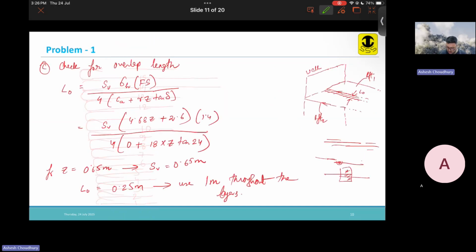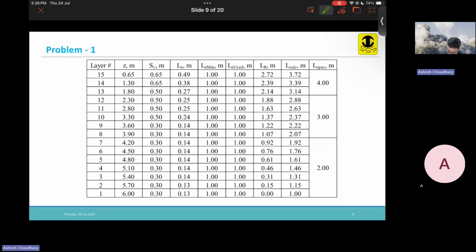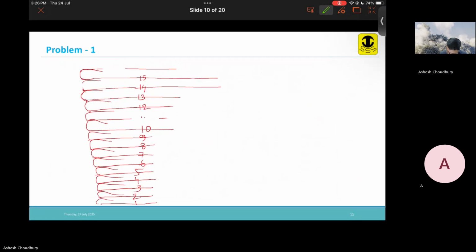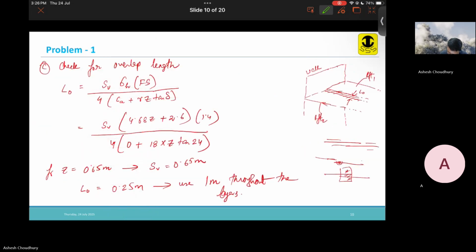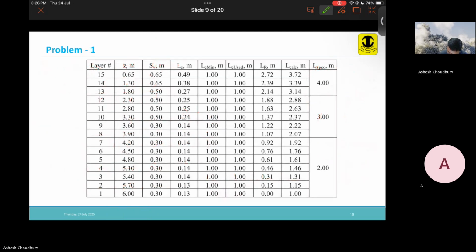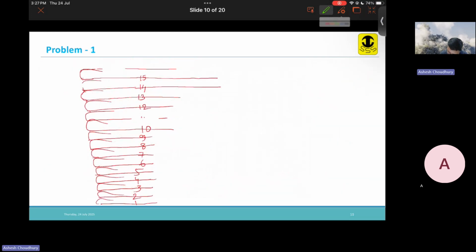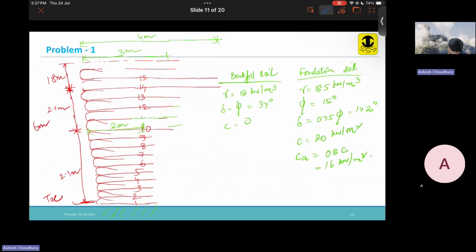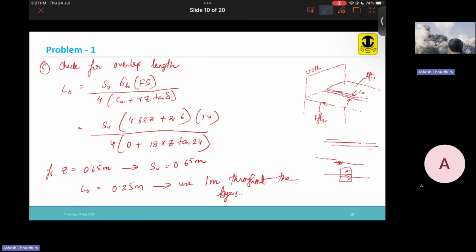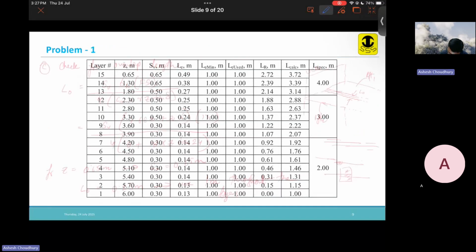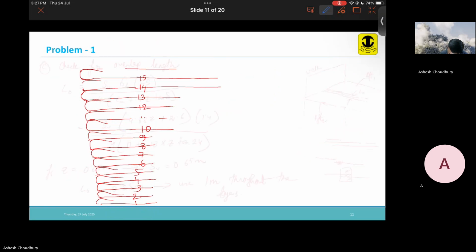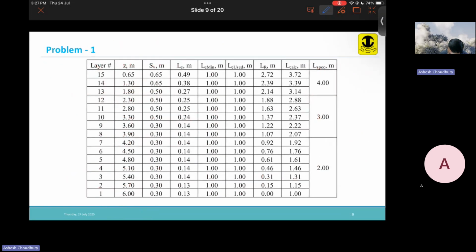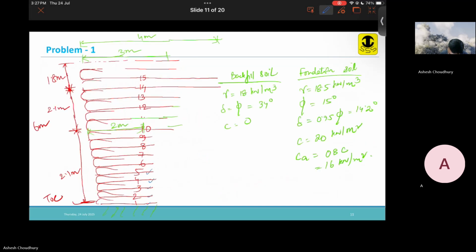Just match with the table once. So first layer is 2 meter width. Second layer is 2 meter, 2 meter, 2 meter, 2 meter. Fifth layer is 2 meter. Sixth layer is 2 meter. Seventh layer is 2 meters.